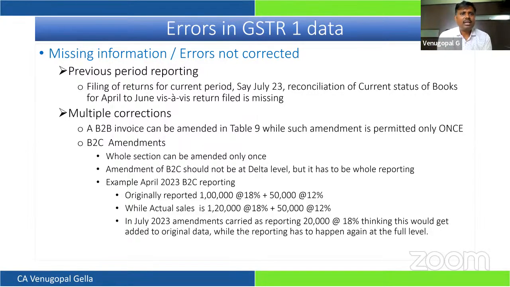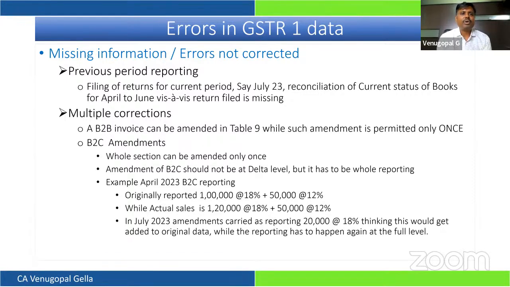You may ask, isn't whatever is there in the books the same thing that is reported? Unfortunately, no. If that were the case and everything were going to be correct, then we could have finalized the books of accounts in the month of April, 20th April after 3B, and we don't need to wait till 30th September for the due date. Because to err is human. There are corrections that happen.